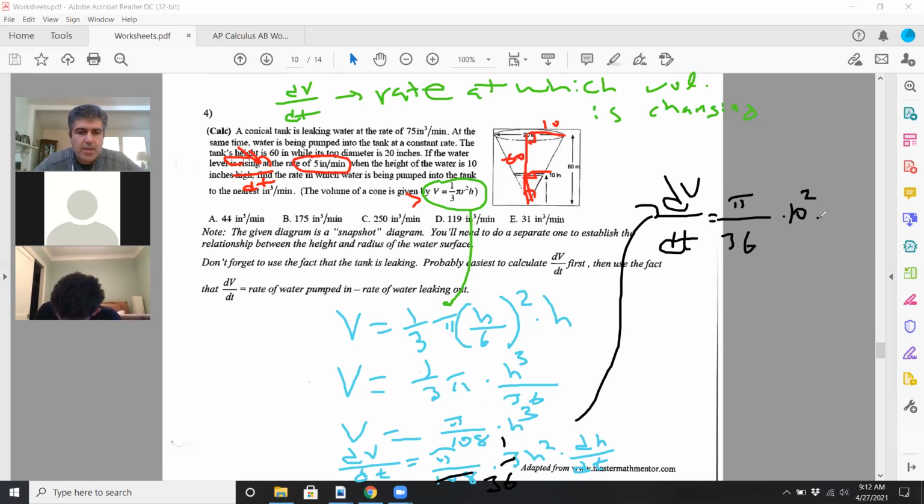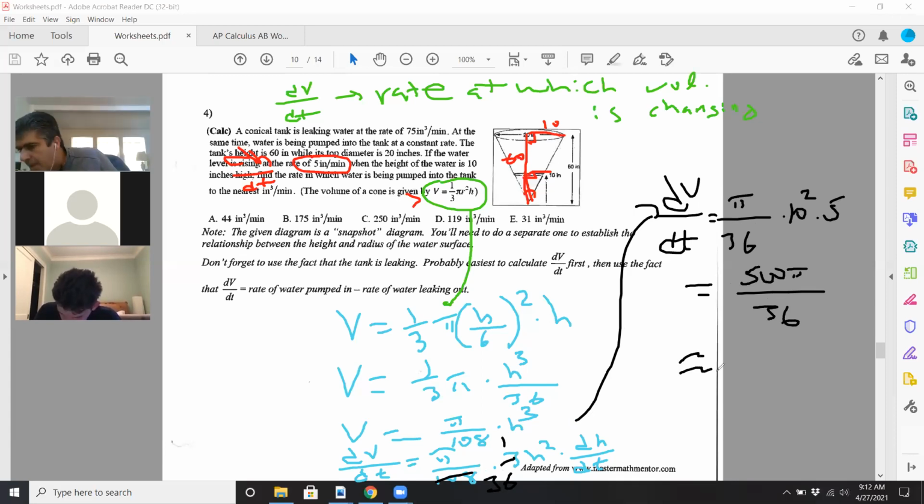And dH over dt is 5, and it's rising, not going down, not decreasing. So you wind up getting 100 times 5, so you get 500 pi over 36. So I use my calculator. So I get about 44. I got like 43.6.